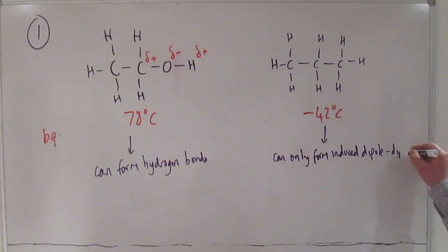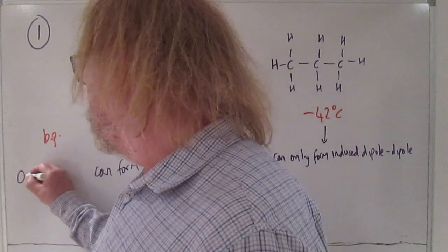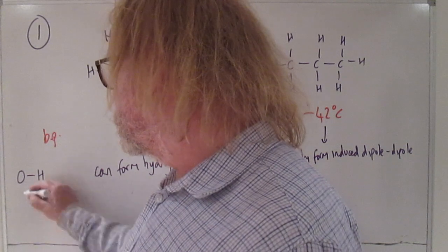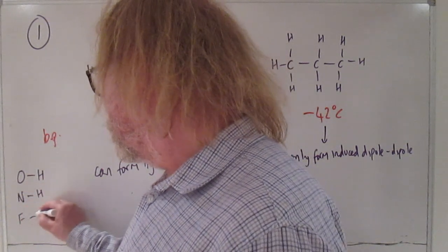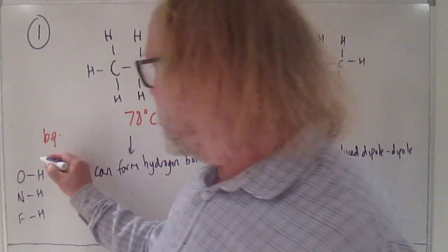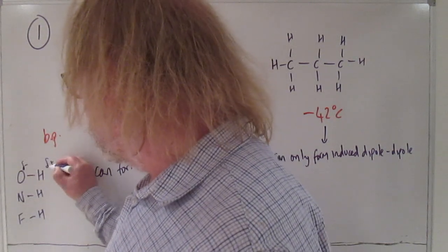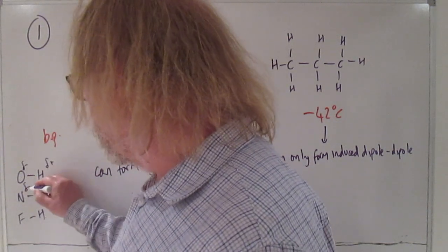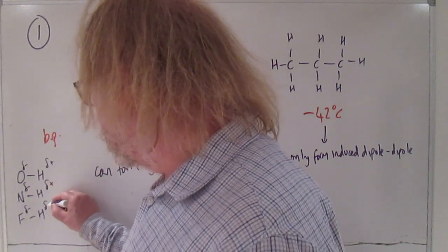So the reason we know that, remember, is that hydrogen bonds are possible whenever you have either OH covalent bonds or NH covalent bonds or FH covalent bonds. In those three cases, this highly electronegative element pulls the electron strongly enough away from the hydrogen to make these hydrogen bonds possible, and only in those cases.